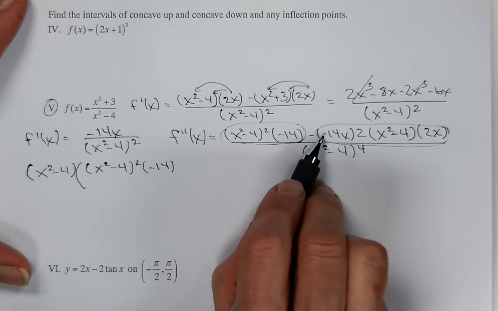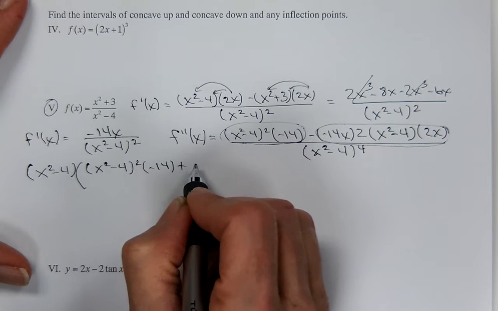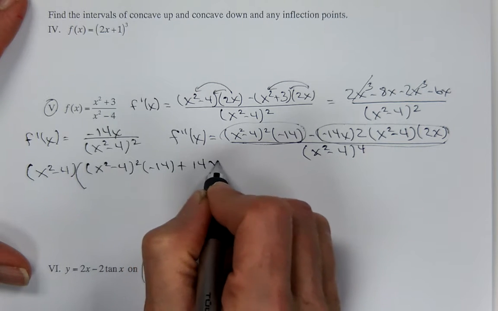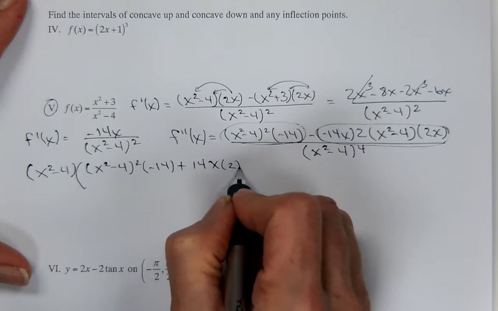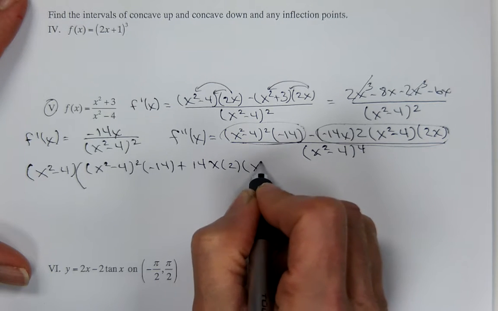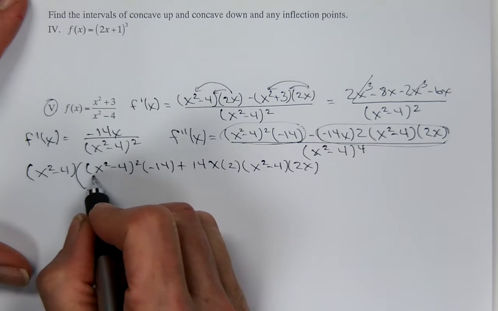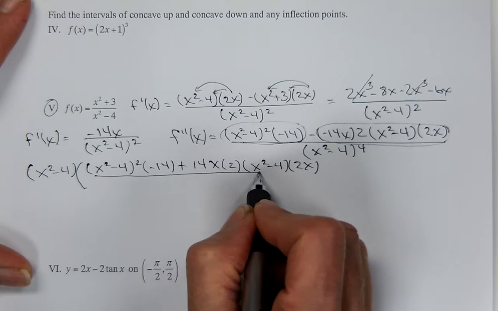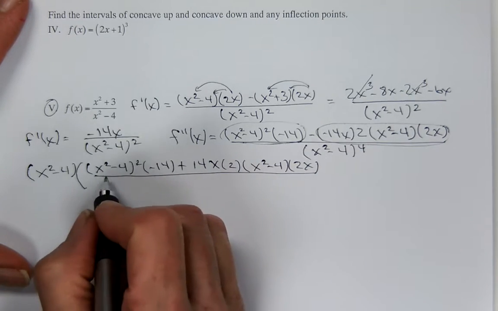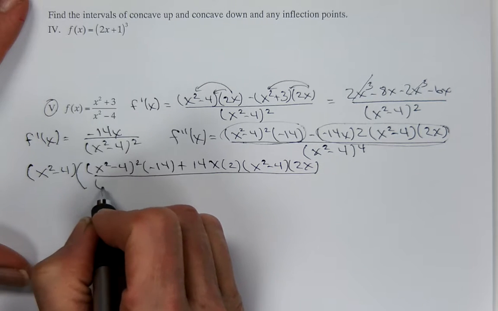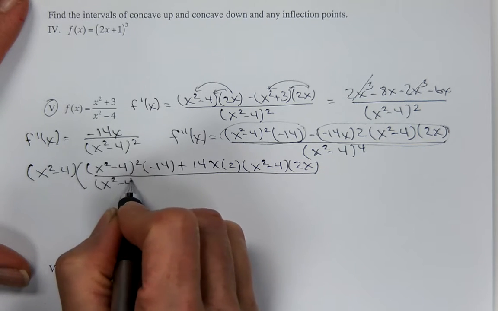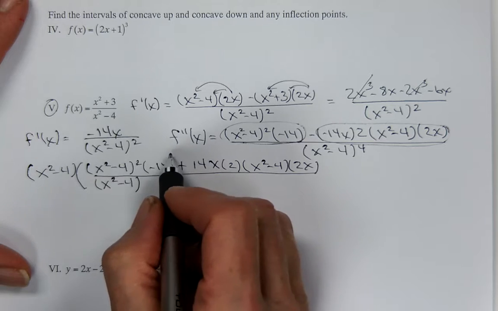I'll make this into a plus. And I certainly could have cleaned up a lot of that on my way. Oh, no, I made a mistake. You're dividing each of these by the same thing that you're multiplying by on the outside. So there's x squared minus 4 here for this term.